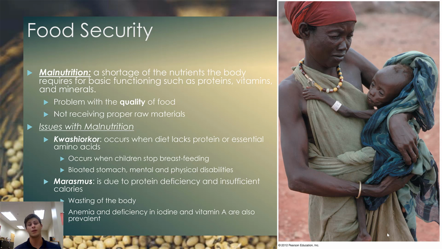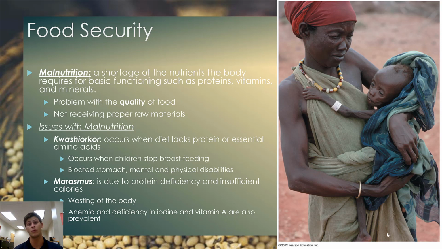In addition, there is another condition known as marasmus. Marasmus is due to protein deficiency and insufficient calories. So where kwashiorkor was only going to be resulting directly from not having enough nutrients, specifically not getting the number of proteins and amino acids that you need, marasmus is going to be a condition associated with not getting enough nutrients and not getting enough calories.